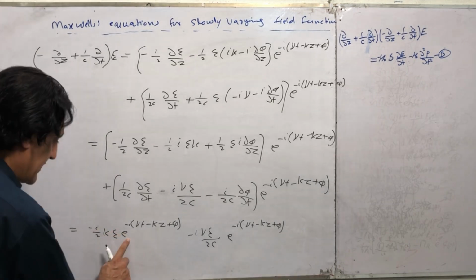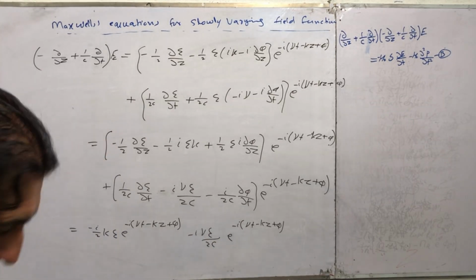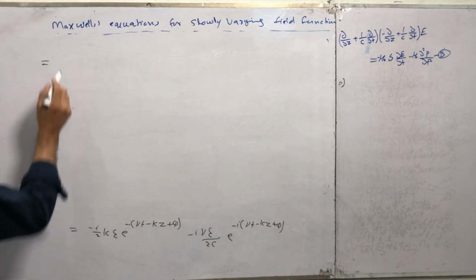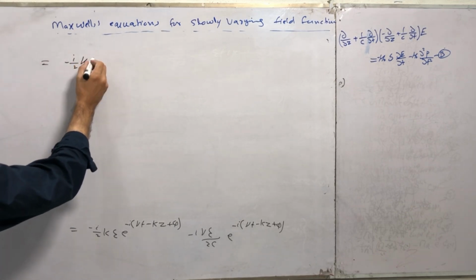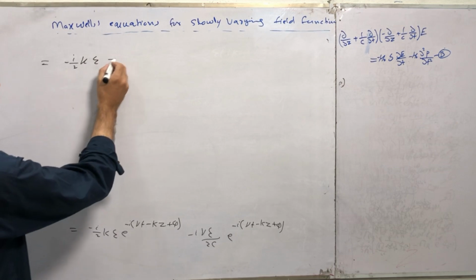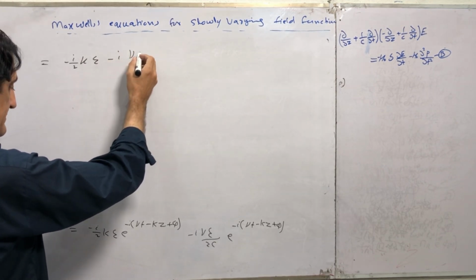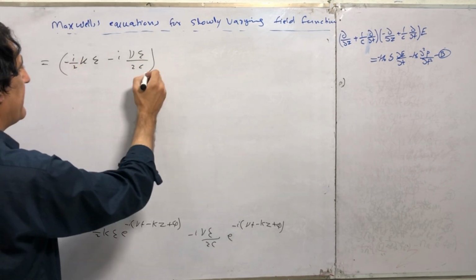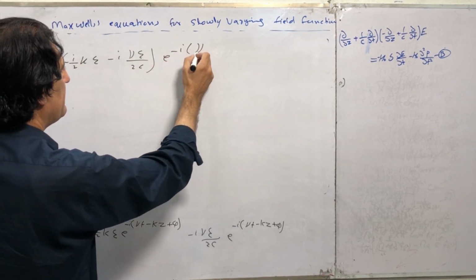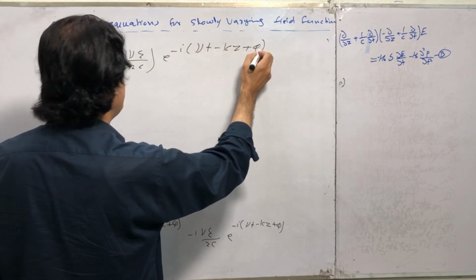Now we can also take common from this and this. If we take common, then we have minus iota divided by 2 k this one and minus iota nu epsilon divided by 2c and e to the power minus iota nu t minus kz plus phi.